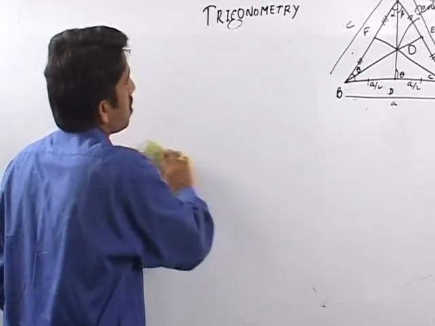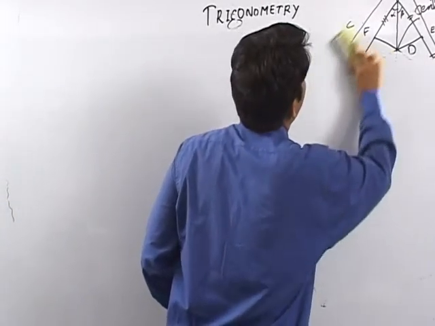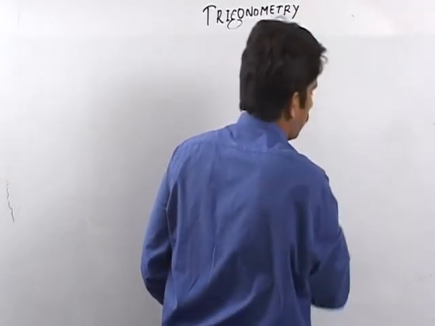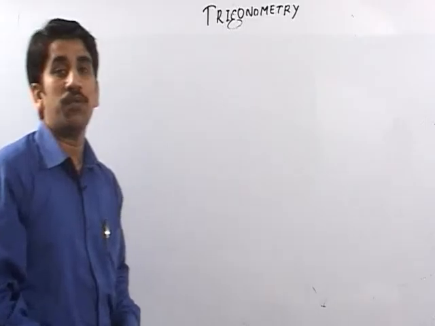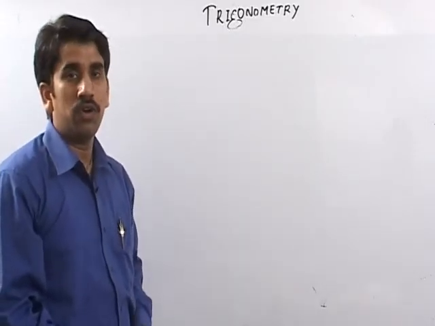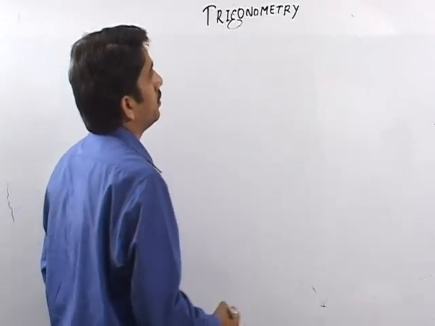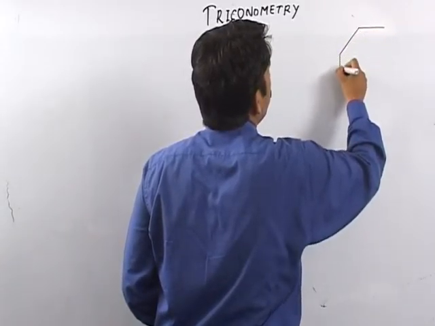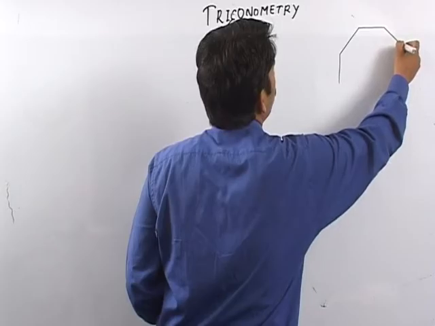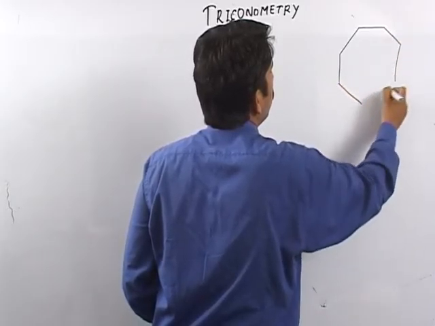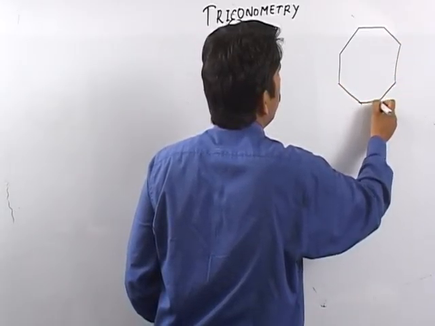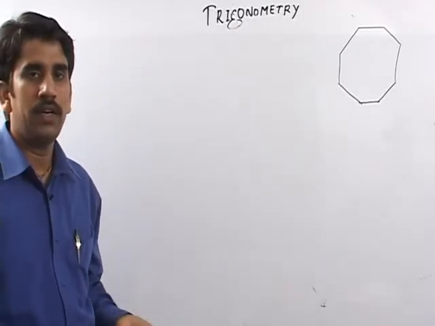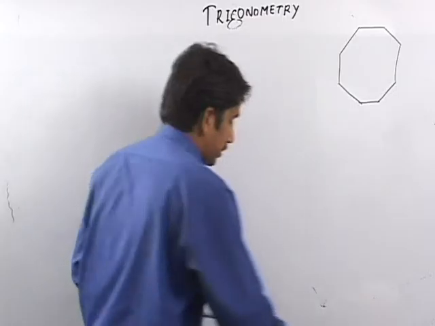Now, we will find the area of a polygon. First of all, what is a regular polygon? Suppose we have this with 8 sides, with 6 sides, with 4 sides, or with n sides.